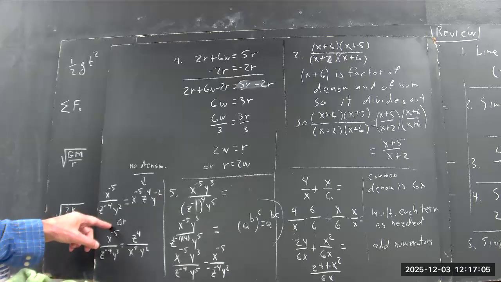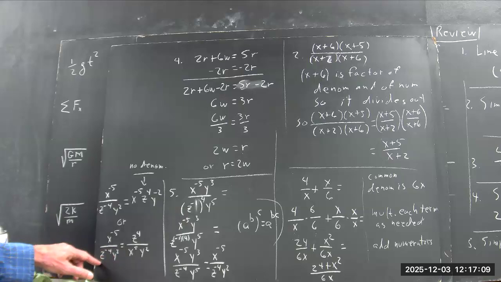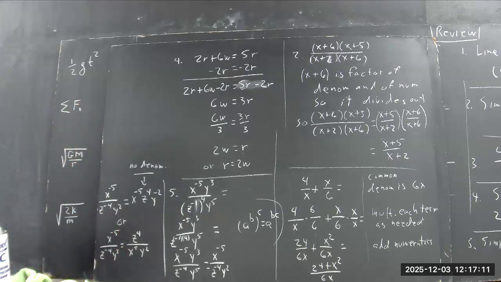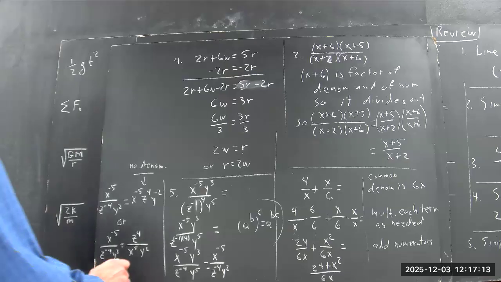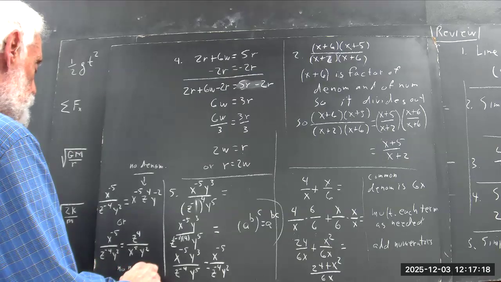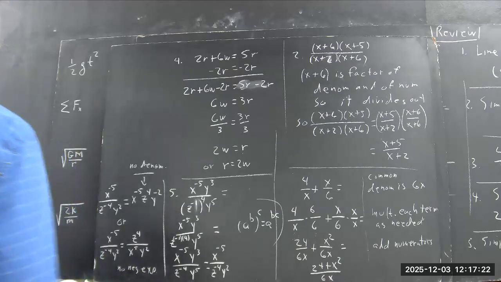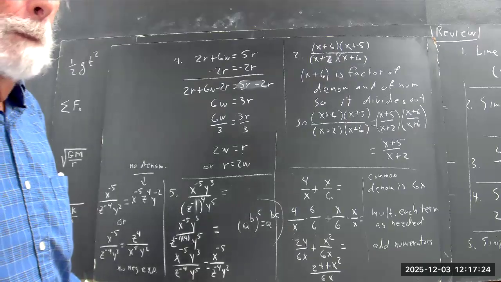So an x to the negative fifth in the numerator becomes an x to the fifth in the denominator. And a z to the negative fourth in the denominator becomes a z to the fourth in the numerator. So there we have the form with no negative exponents.